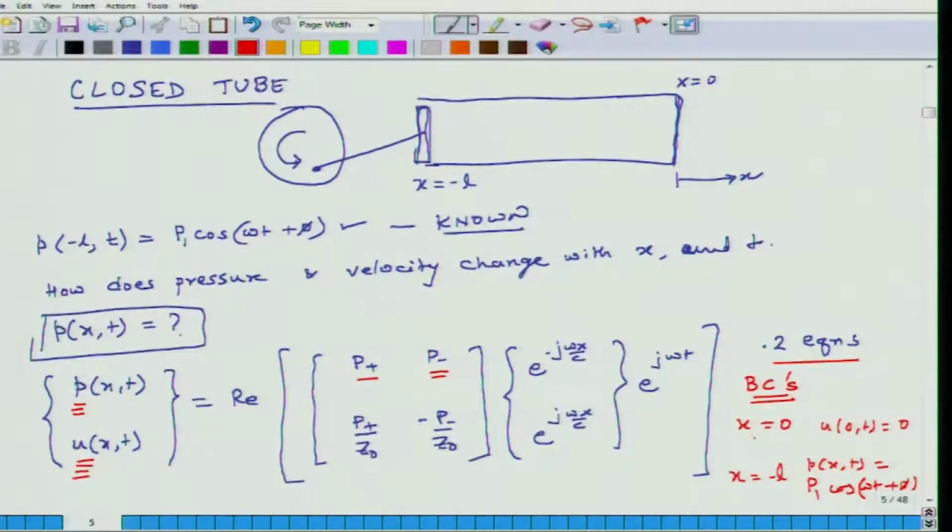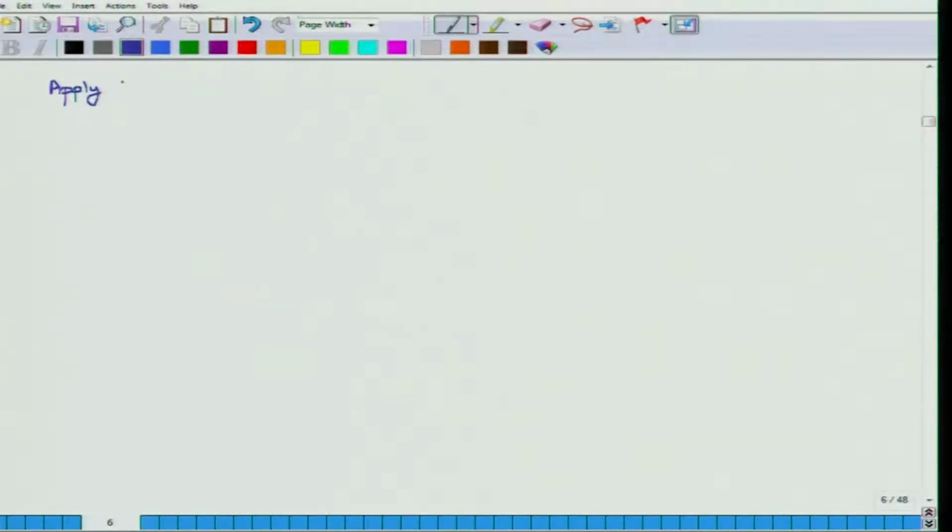So that's how we are going to proceed. Now we apply the first boundary condition, that is u is equal to 0 at x is equal to 0.